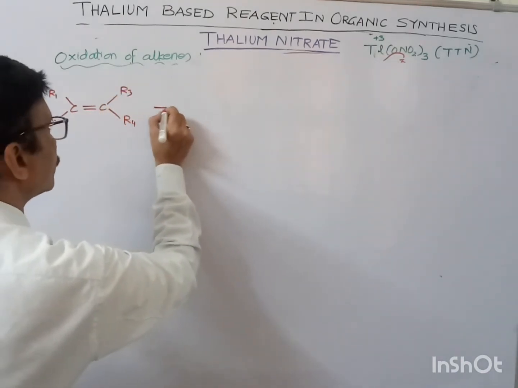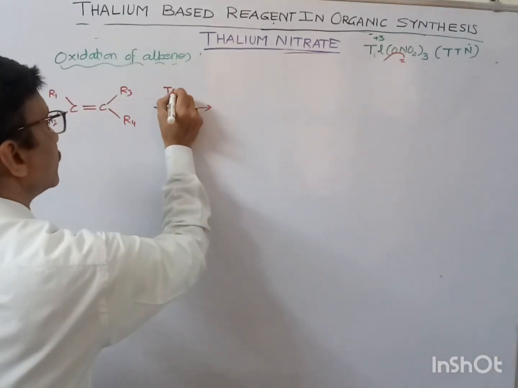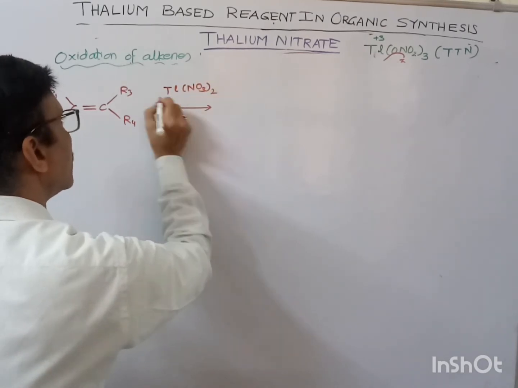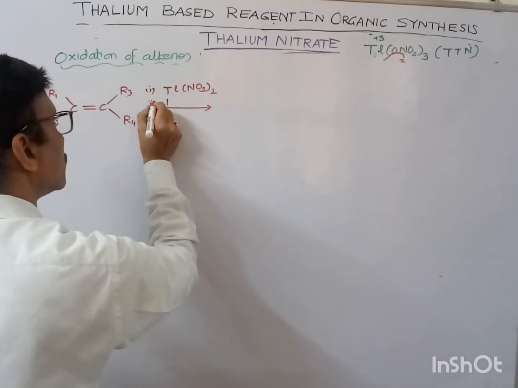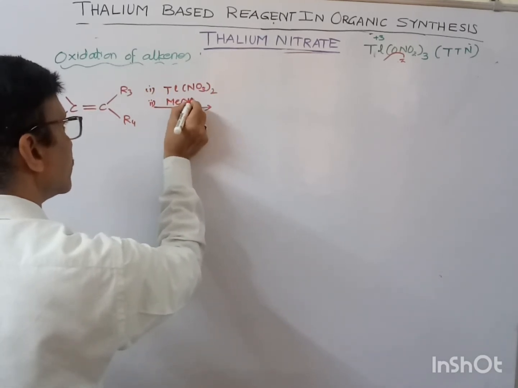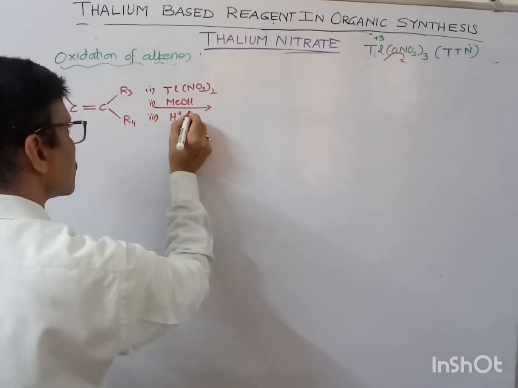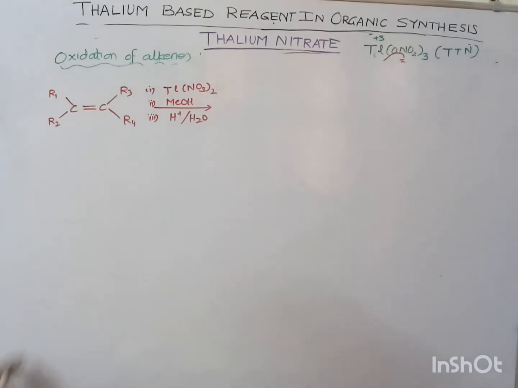What should the product be here? We have thallium trinitrate, then methanol, and then hydrolysis. So what would be the product?